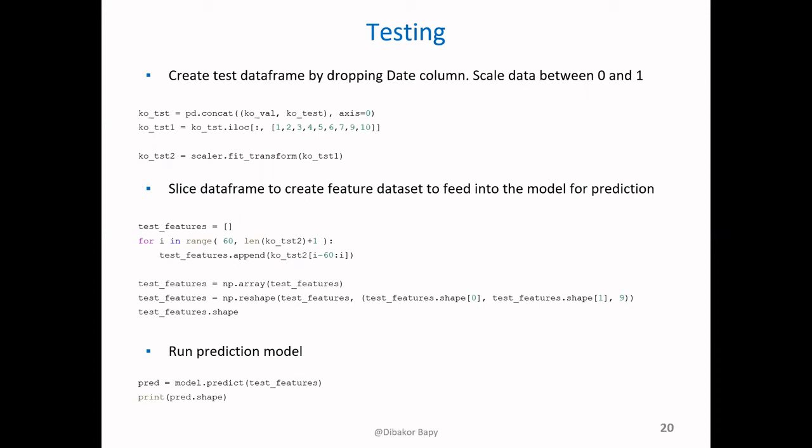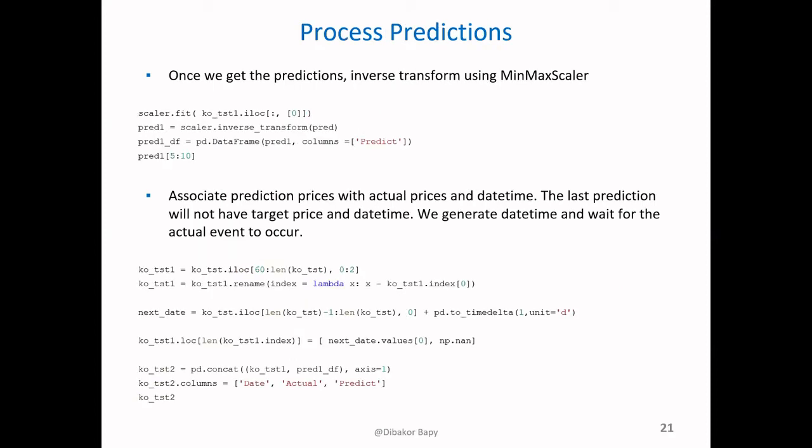For testing, I create the test dataset applying similar processing methods I used for the training dataset. After I get the predictions, I associate the predicted prices with the actual price and date time.